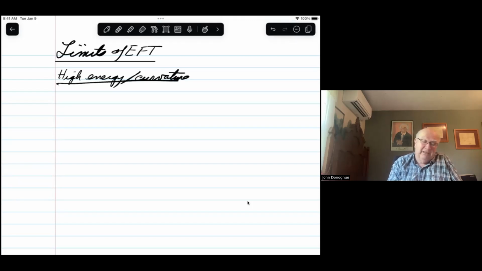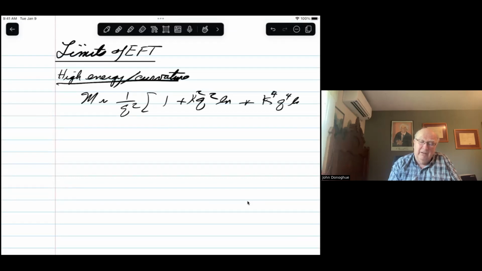We've got amplitudes that have been growing like energy squared. So our matrix elements went like 1 over q squared, 1 plus q squared logs, plus, if next order would be q to the fourth, maybe with logs, etc. At some stage these all overwhelm us, and we need some UV theory.